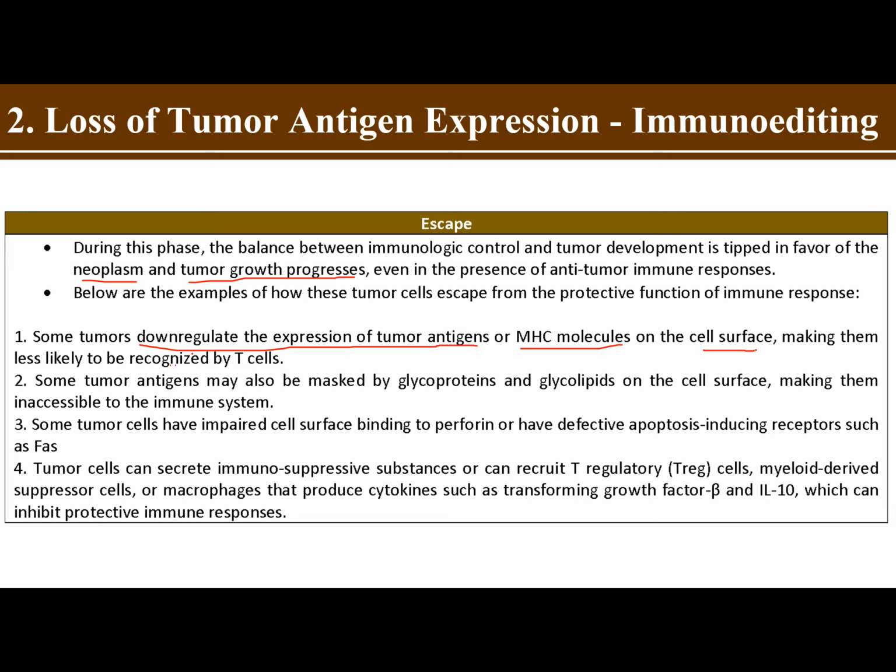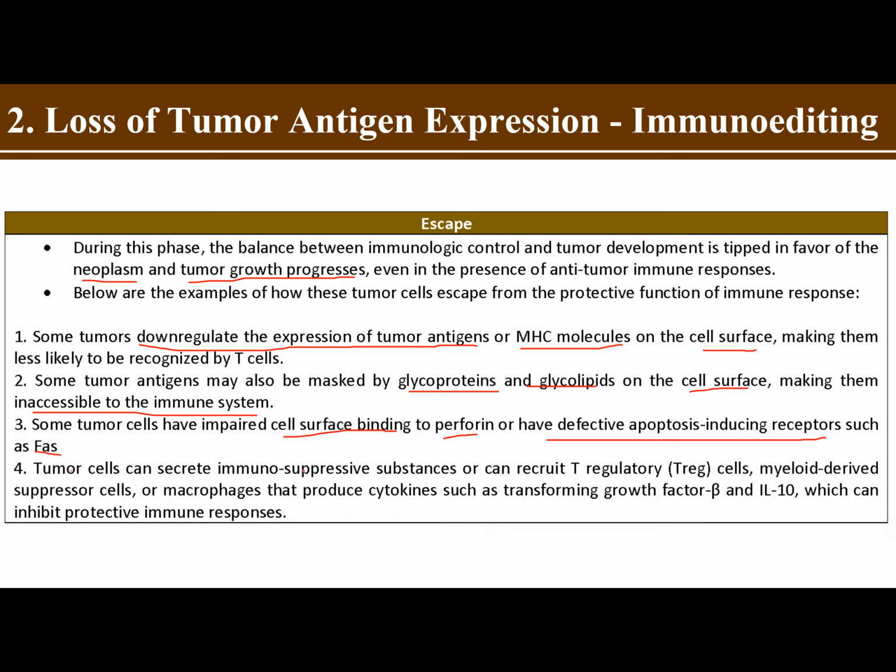So during this phase, class, some tumor cells would downregulate the antigens and the MHC molecules, making them unable to be recognized. Then some tumor antigens may also be masked by glycoproteins and glycolipids on the cell surface, making them inaccessible to the immune system. Some tumor cells have impaired cell surface binding to perforin or have defective apoptosis-inducing receptors such as your FAS.